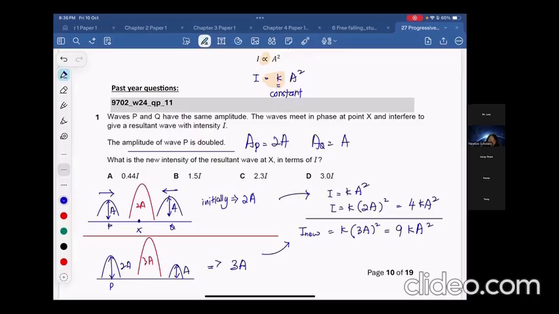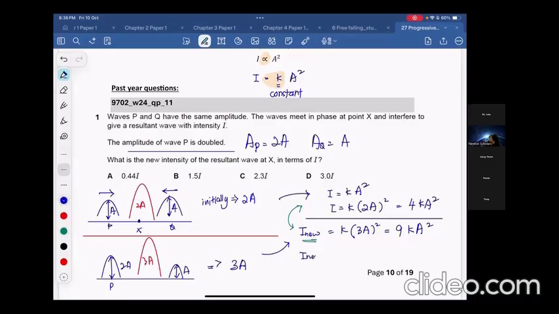Okay, so I want to know my new intensity in terms of I. That means I want to relate these two, in terms of I, to describe what your new intensity is. So what should I do?